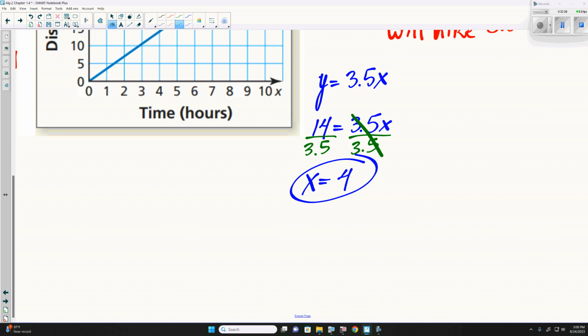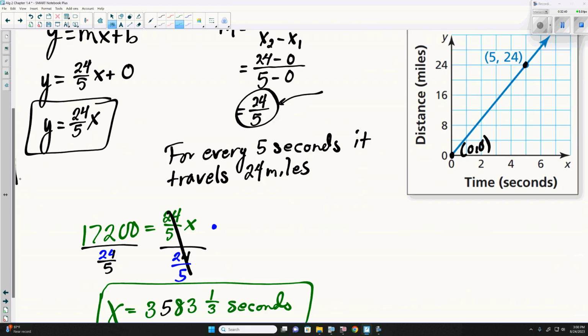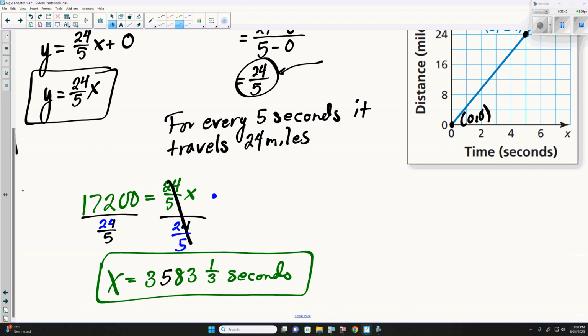Essentially, we did the same thing here: 24 over 5 is 4.8, so we're taking 17,200 and dividing it by 4.8.